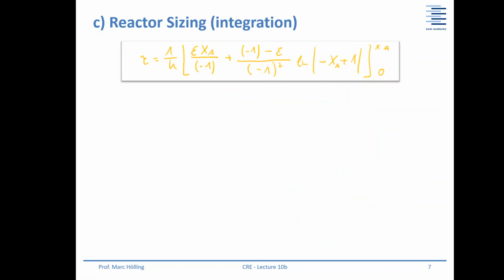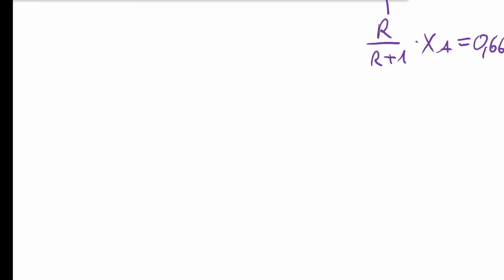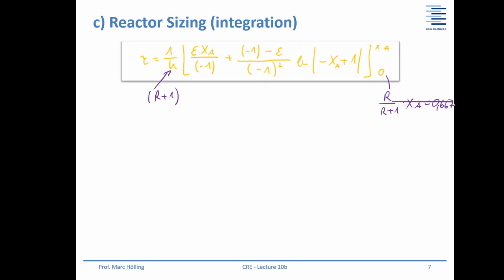We have to say, okay, here we have to add R plus 1, and here the lower integration bound is not 0, but R over R plus 1 times xa. So this was 0.667, and this was 0.8.